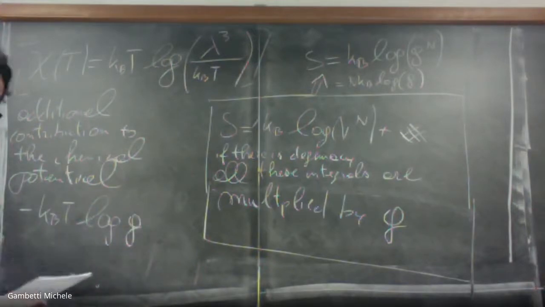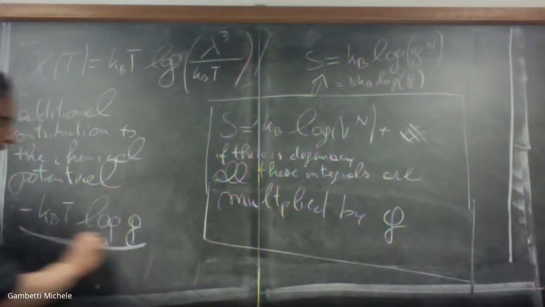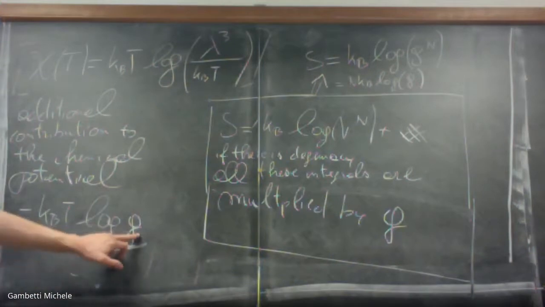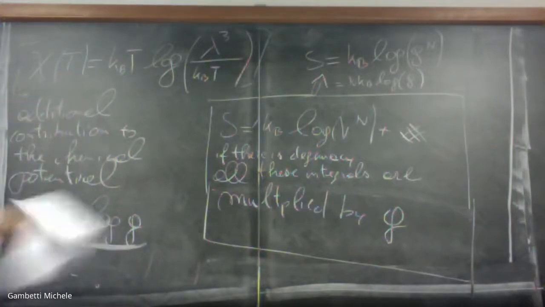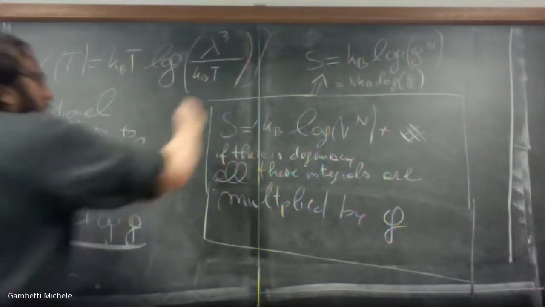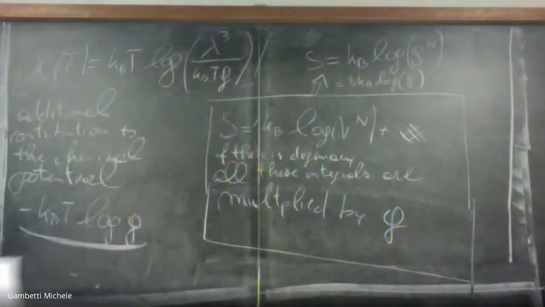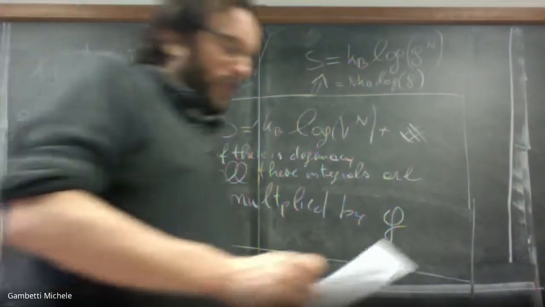So when I put everything together, at the end I have a g in the denominator of the chemical potential that I wrote before, and therefore in this chemical constant I will have a degeneracy factor which appears here in the denominator. So this is a motivation for that.